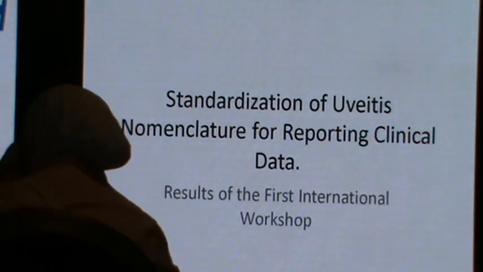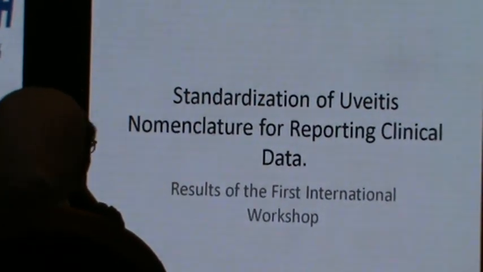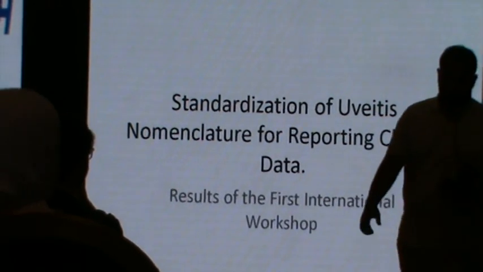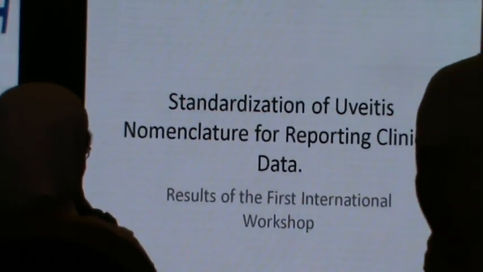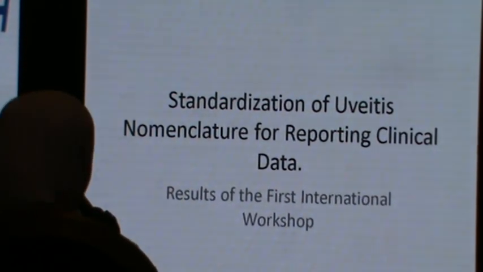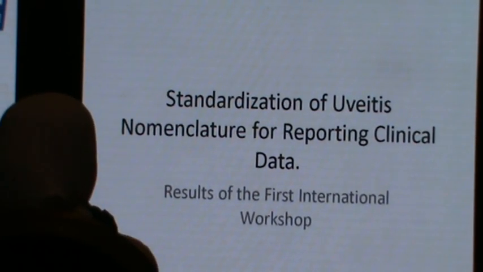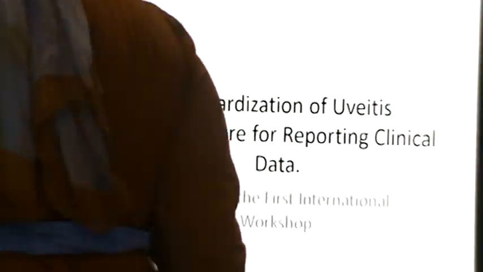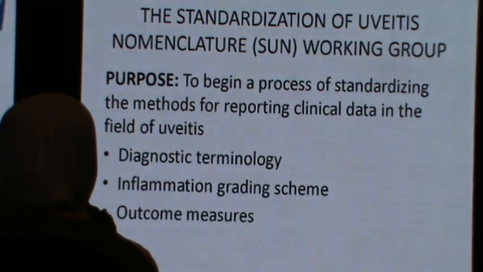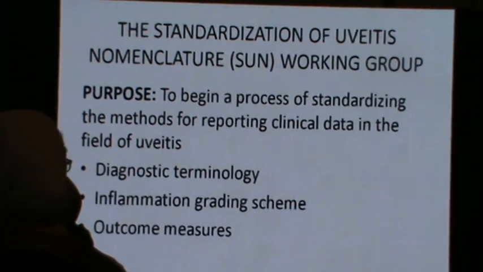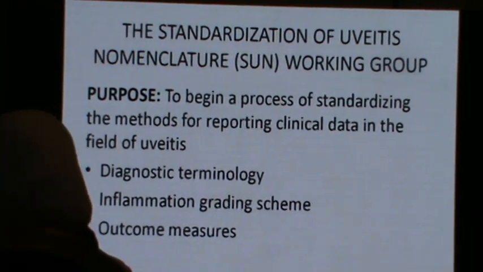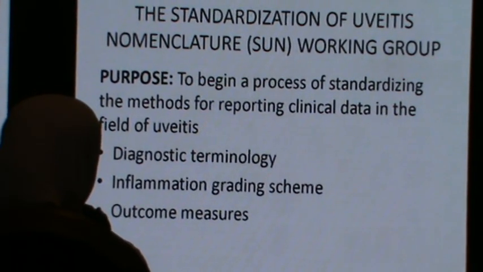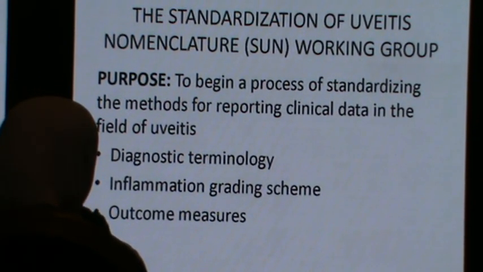So in order to standardize the nomenclature for uveitis specialists, the SUN working group was a milestone in the studies and the clinical practice of uveitis, in fact. And this group set an objective to standardize the methods of reporting clinical data in the field of uveitis. Is this important? Yes.